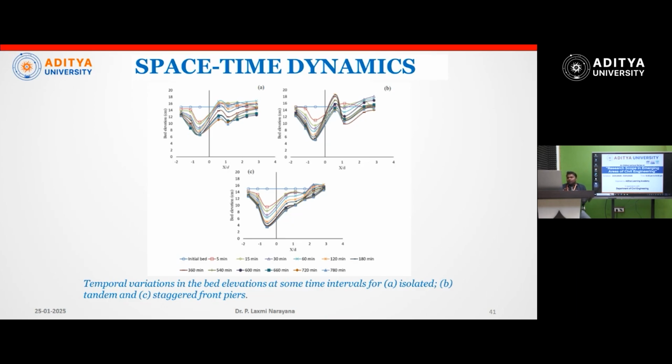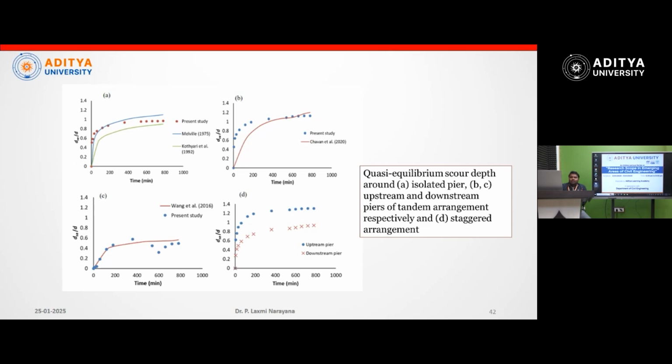From this space-time analysis, the staggered case is showing the maximum scour depth. This is the observation from the space-time dynamics, and these are the equilibrium scour holes, because these are compulsory plots for those who are doing experiments on local scour: whether it reaches equilibrium or not after a certain time.